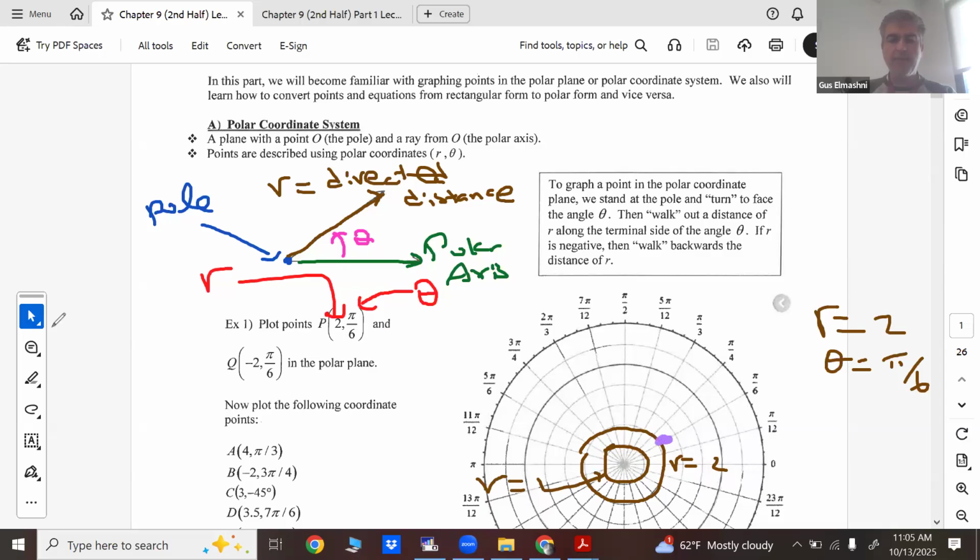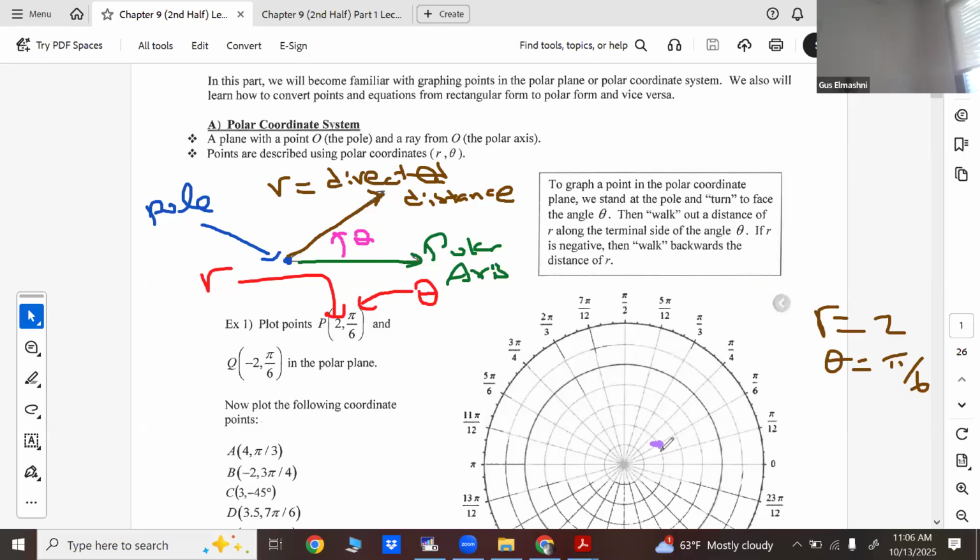So when you graph it, really this is all you show, that purple dot. The purple dot is all you need to show. Because if you think about it, is that purple dot on the circle of radius 2? Is it pi over 6 along the circle? It is. That's all you did. So you're asked to plot (2, pi over 6). You're plotting that point right there.